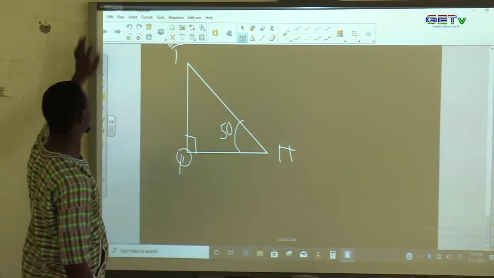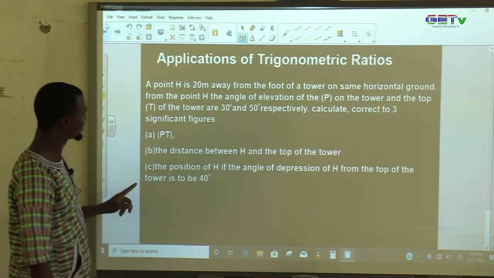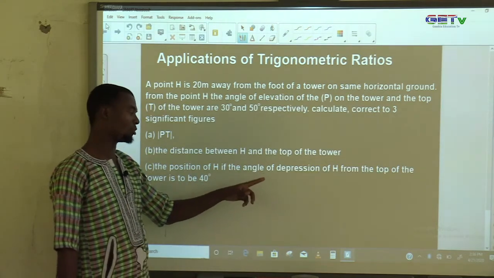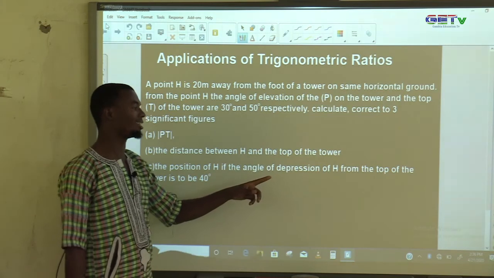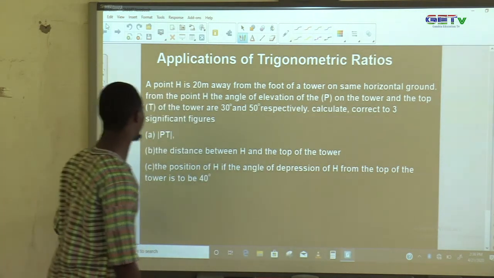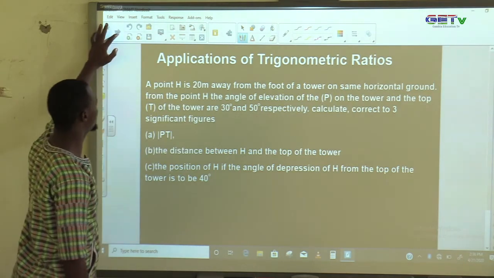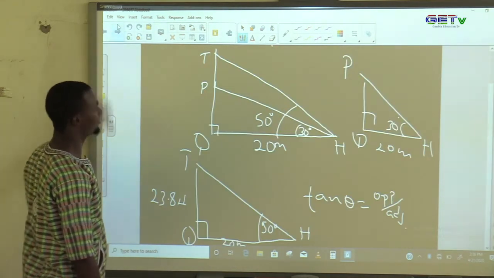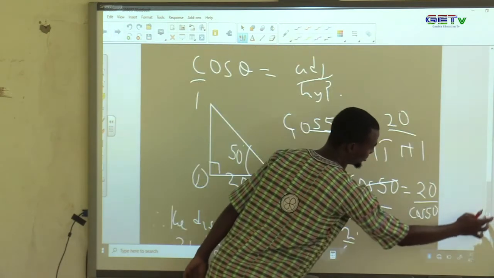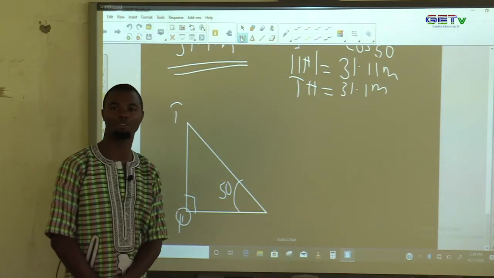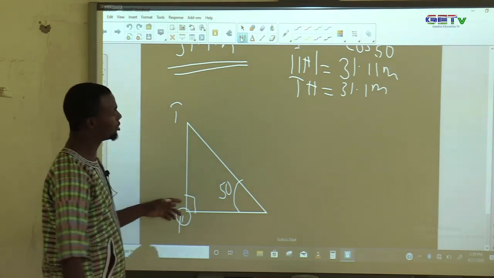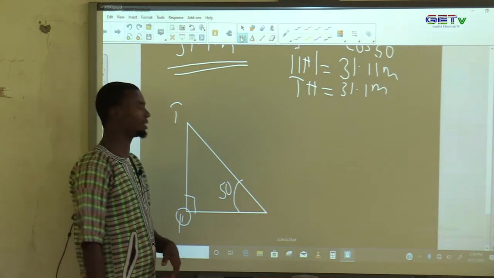Now we are asked, let's get the question again. The position of H if the angle of depression from the top of the tower to H is to be 40 degrees.